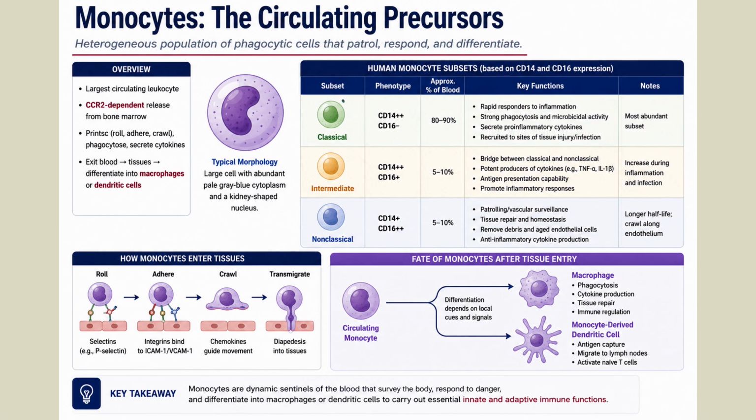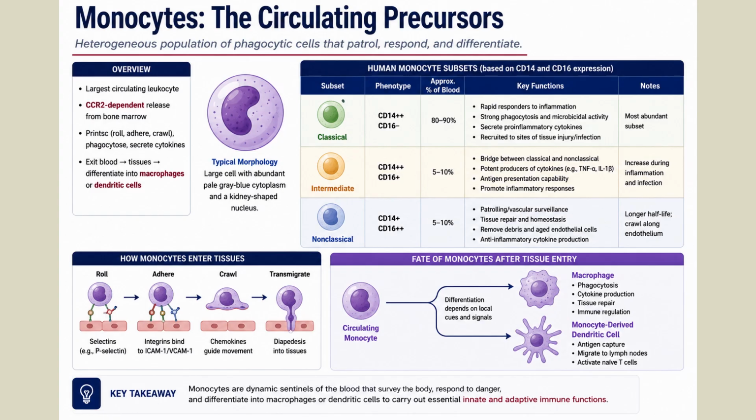Once there, the environment begins influencing what those cells become and what they do. Some can differentiate into macrophages that phagocytose microorganisms and cellular debris, release signaling molecules, and participate in coordinating the response.